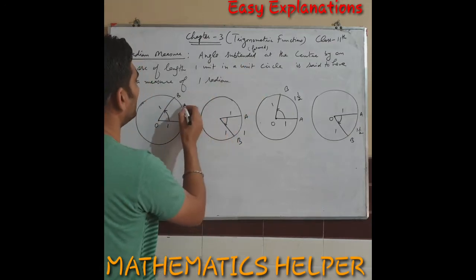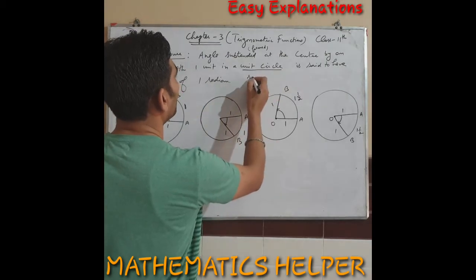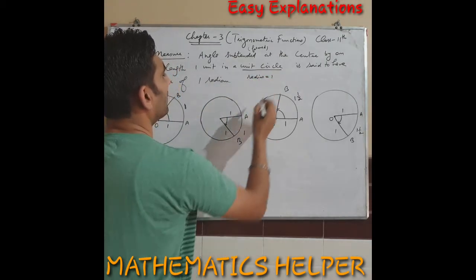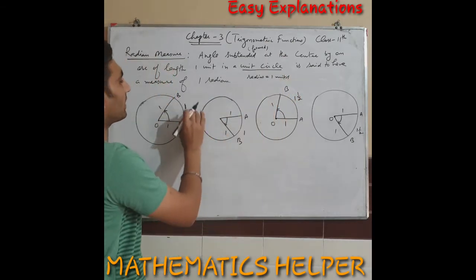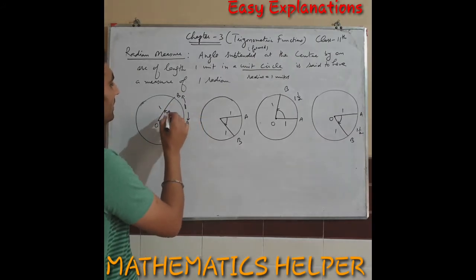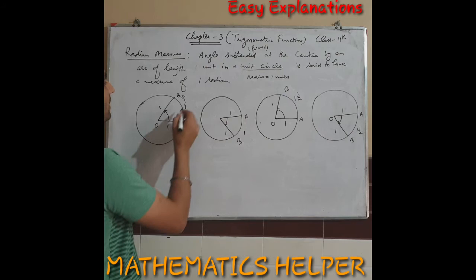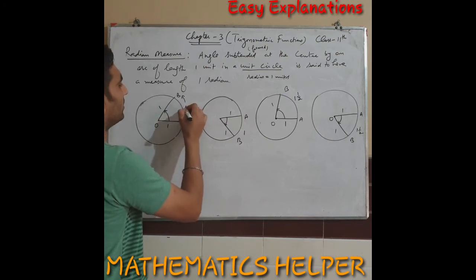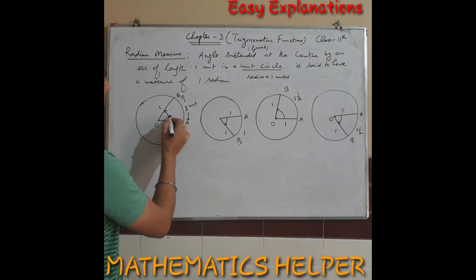If the arc has length 1 unit in a unit circle, meaning radius equal to 1 unit, then the angle formed at the center of the circle, see this diagram, a circle whose radius we mark as 1 unit and the arc also has length 1 unit, is said to be 1 radian.